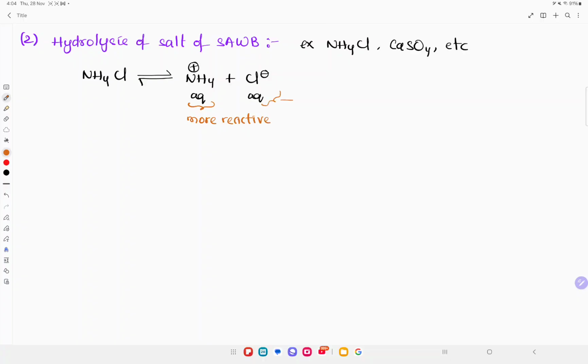Cl minus ion is the anion of a strong acid, so less reactive. Since the cation is more reactive, in this type of hydrolysis, NH4 plus is more reactive and undergoes hydrolysis. Ammonium ion undergoes hydrolysis.